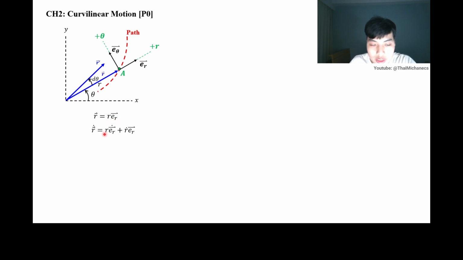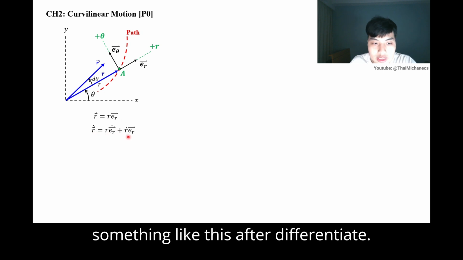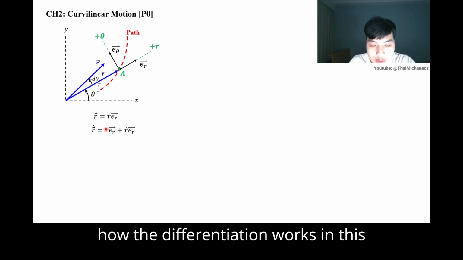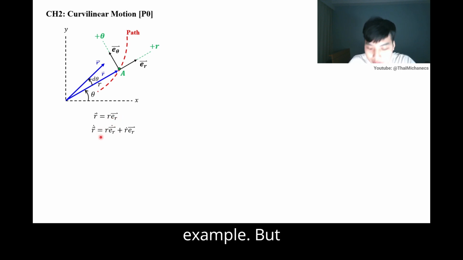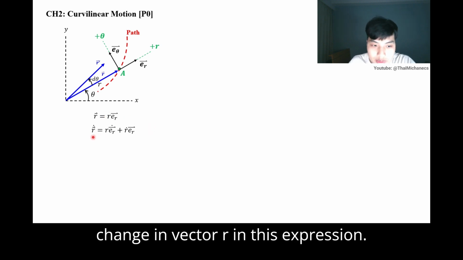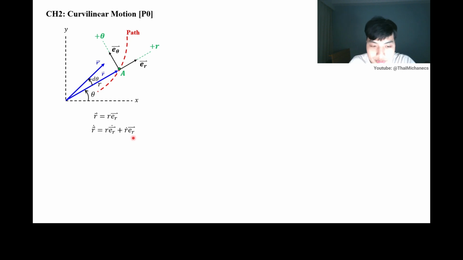It will look something like this after differentiating. You can review how the differentiation works in this example, but regardless, we get the change in vector r in this expression.